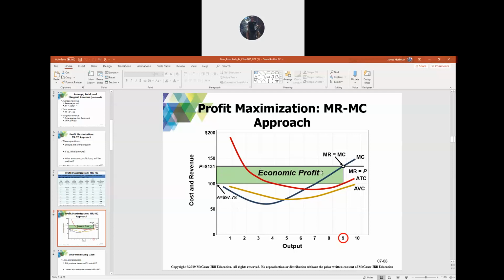The green leftover rectangle is what this firm gets in profit. If you do that calculation anywhere below or above where MR equals MC, that green profit rectangle is going to be less. So this is the best case the firm can do. They're making a nice profit, but you want to find MR equals MC right there, choose 9, and then this is the firm's profit.